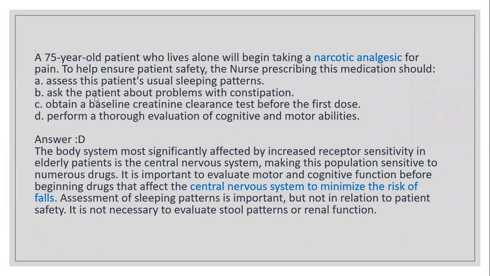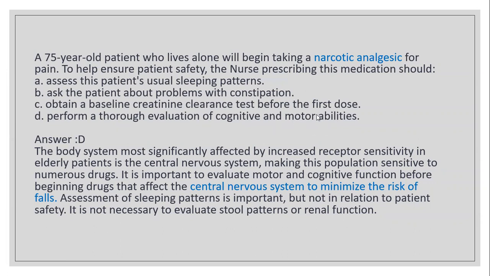Number B, ask the patient about problems with constipation. Number C, obtain a baseline creatinine clearance test before the first dose. Number D, perform a thorough evaluation of cognitive and motor abilities.